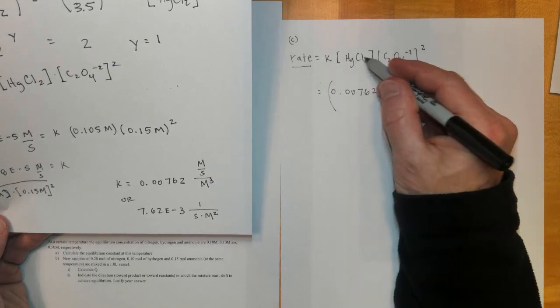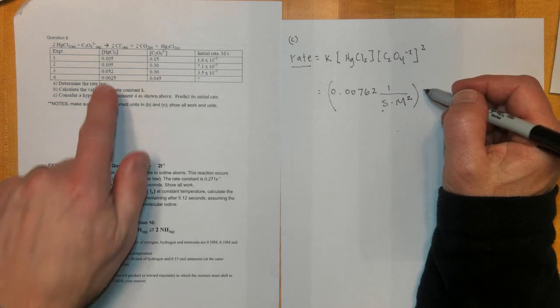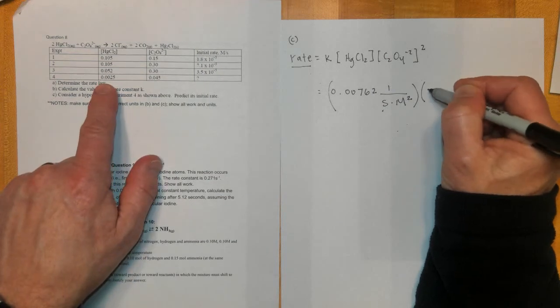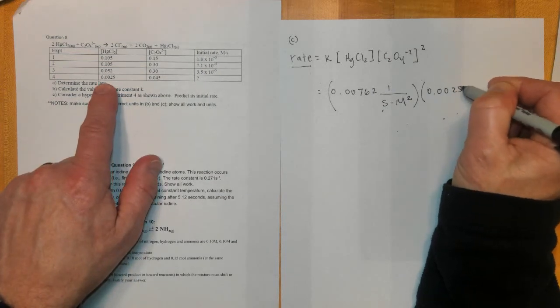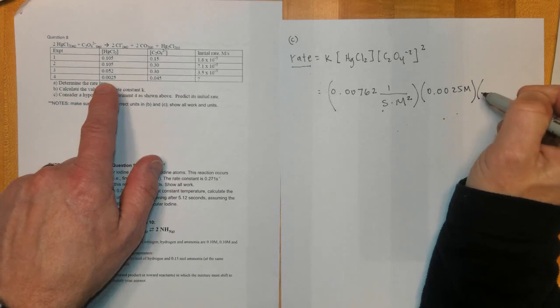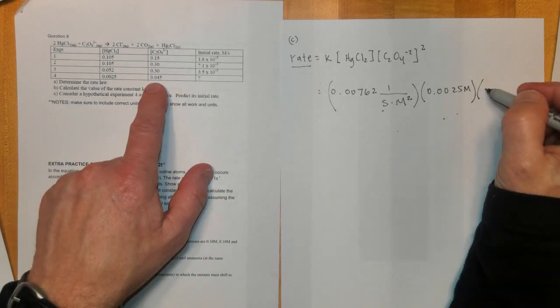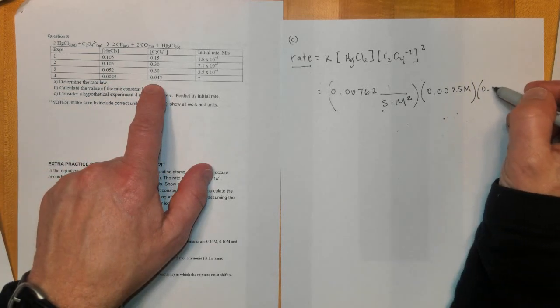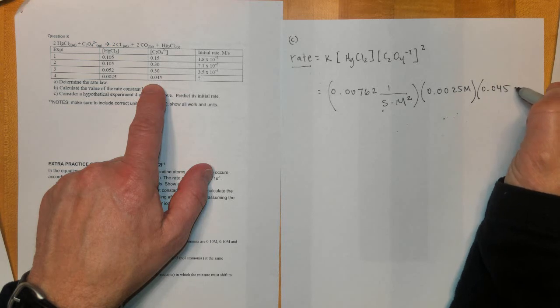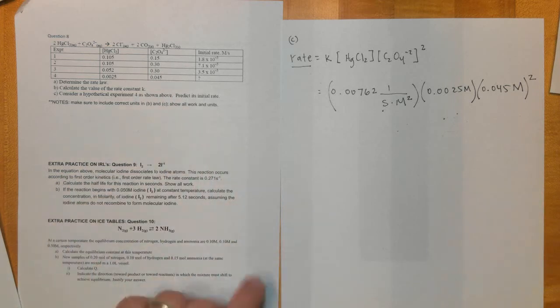times the concentration of HgCl2 in this particular experiment, which is 0.0025 molarity, times the concentration of C2O4 at 0.045, and that would be molarity once again, but don't forget you have to square that.